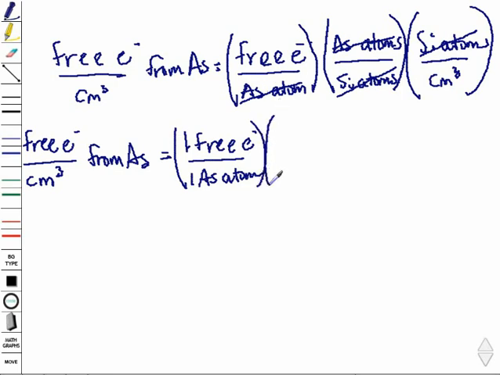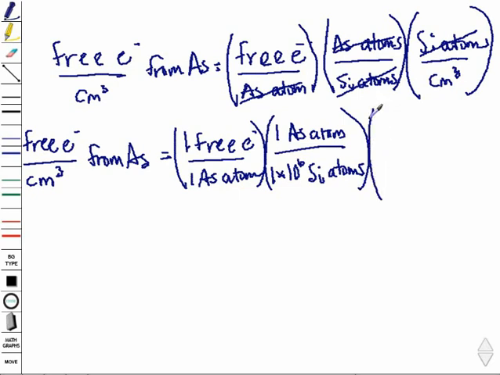We also know that there is 1 arsenic atom per every 1 times 10 to the 6th silicon atoms, and we also know that we have 4.99 times 10 to the 22nd silicon atoms per centimeter cubed.